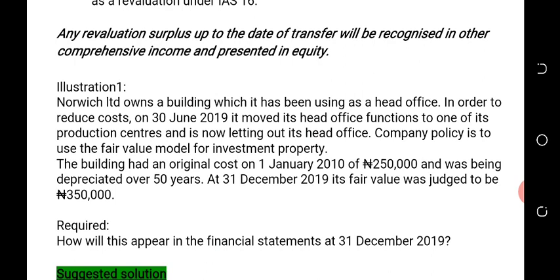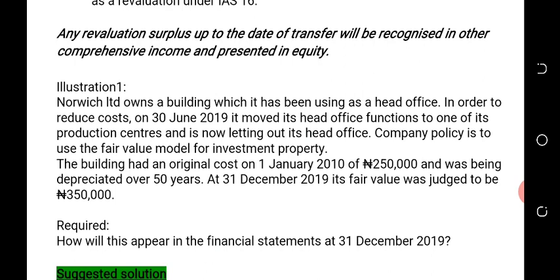They want to lease the building out. So it has now been changed to what? An investment property, on 30th of June 2019.